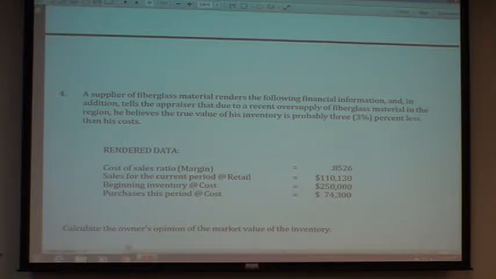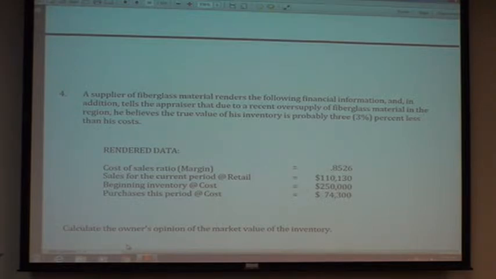So what are we gonna do? We know the beginning inventory was $250,000. We know our purchases cost are $74,300. So what we're gonna do to that sales for the current period retail, the 110,130, we're gonna do what? Multiply times what?